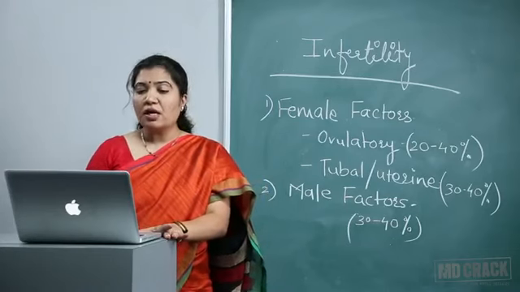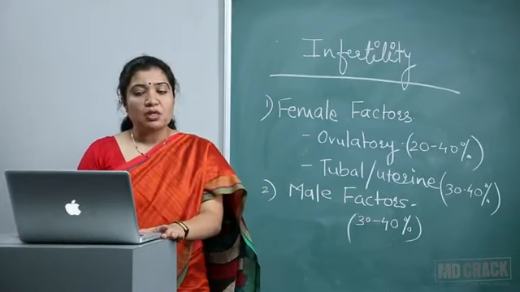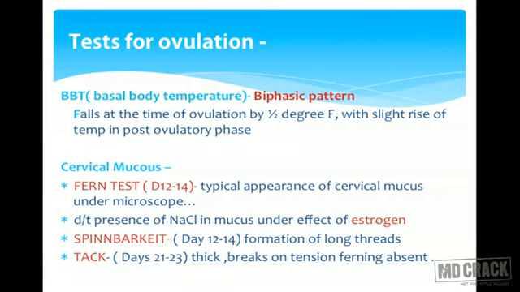It will break, and this is called as tack. It is seen from day 21 to 23. The mucus would become thick, breaks on tension, and ferning would be absent. So these changes would tell us that there is ovulation taking place in that particular female. Spinnbarkeit, Hormone test, tack, 3 MCQs in one test.